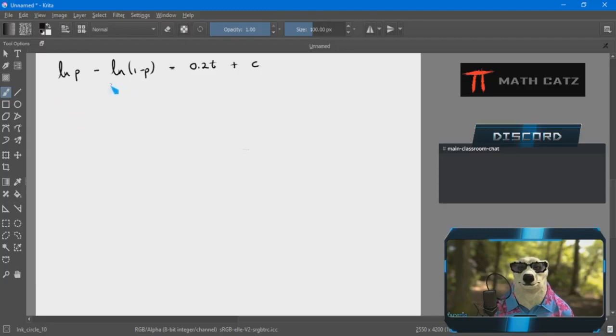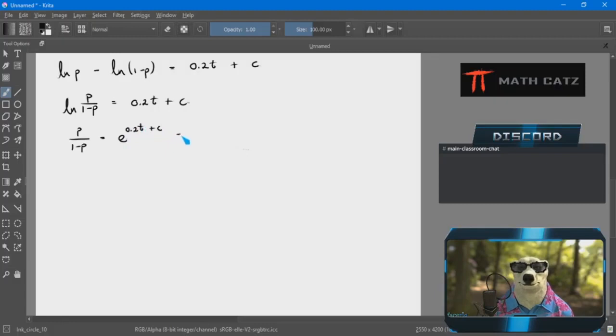Now I'm going to put these two left terms together with a log property. Log of the difference of logs is the log of the quotient. A property we may not be using a lot, but it is there when we need it. And so p over 1 minus p is e to the 0.2t plus c.